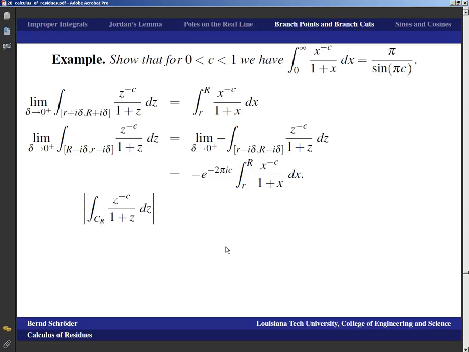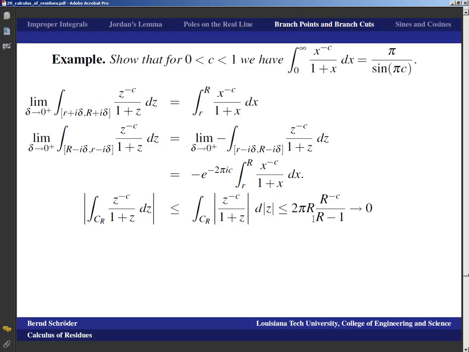The integral over the contour is bounded by what we get when we pull the absolute values inside, which is this time actually the length of the contour, 2 pi R, times, and on the contour here everything has absolute value R, so this becomes R to the minus c, and 1 plus z again is, at the worst, the smallest it could get is R minus 1, so 1 over 1 plus z is bounded by 1 over R minus 1.